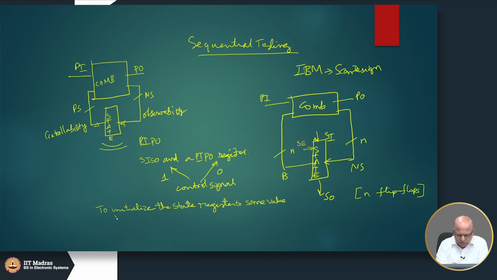Set scan enable to 1 and that makes it a serial in serial out register. Then you can shift in the required state into the state register.